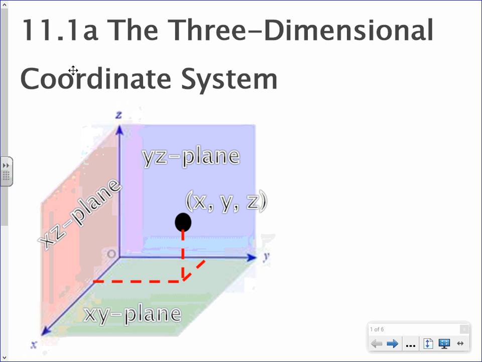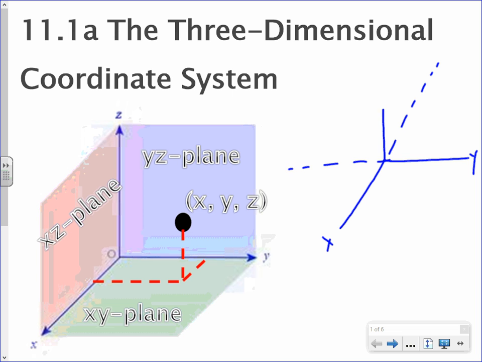All right, so we're going to be talking about the three-dimensional coordinate system. Lately, we've been graphing in 2D, X and Y being our two dimensions, okay? So now we're adding a third dimension, Z, okay? What's happening is we have the X-axis shooting out at us, the Y-axis going, well, in my picture, kind of horizontal, okay?